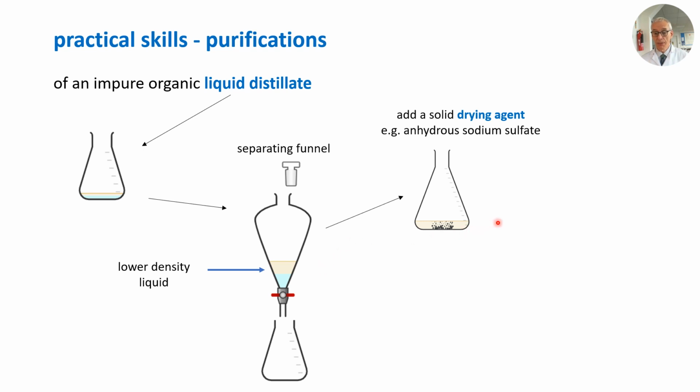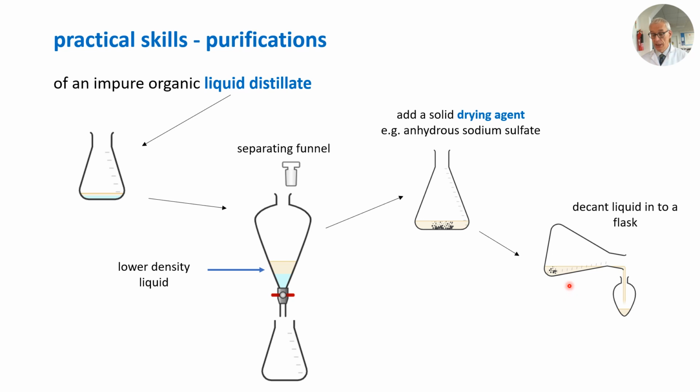Having separated or removed the lower layer, you then take the upper layer in this case and you add a solid drying agent such as anhydrous sodium sulfate. This distillate will still be wet with small amounts of molecules of water mixed in, so you add a chemical drying agent, for example anhydrous sodium sulfate.